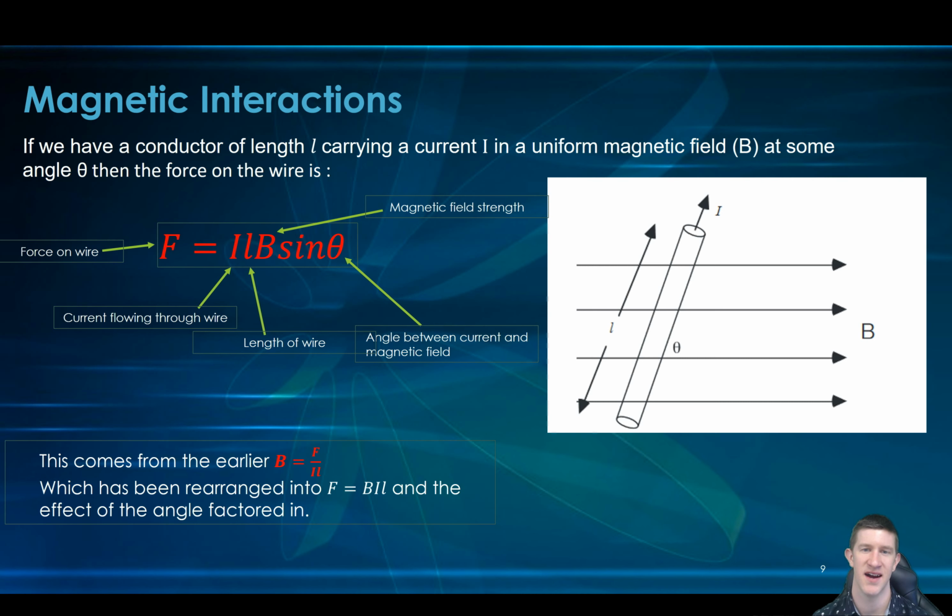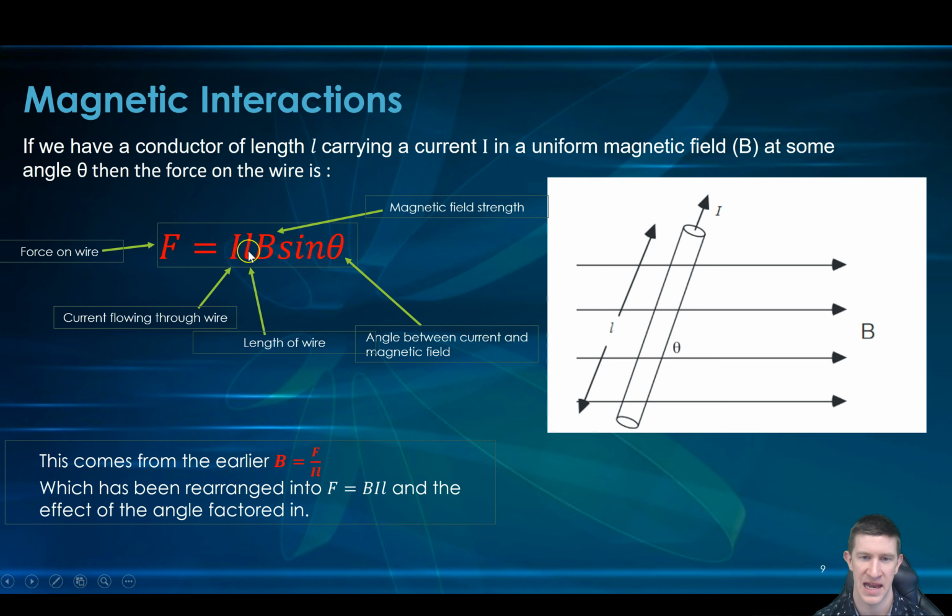If we take a conductor of a length L and it's carrying a current I in a uniform magnetic field B at some angle theta, then the force on this wire is given by this formula. So it's very similar to what we saw before. We've got our IL, we've got our magnetic field, but now we're considering an angle. So this is the force on the wire, which is our current carrying conductor here. We've got the current that's flowing through the wire.